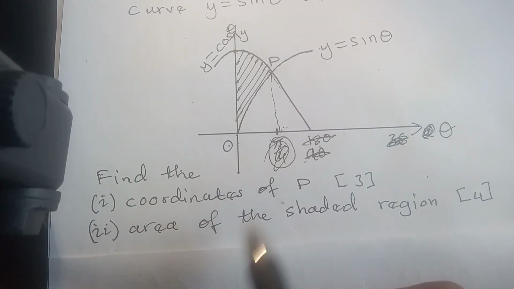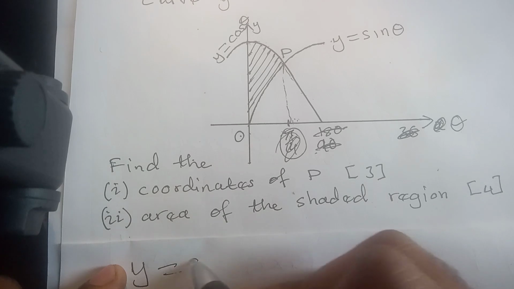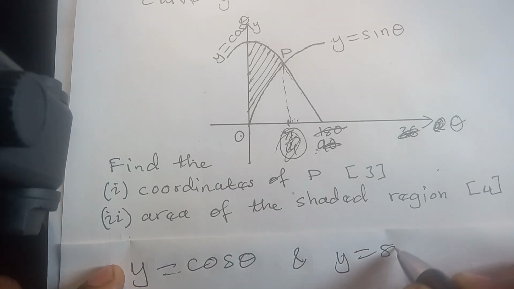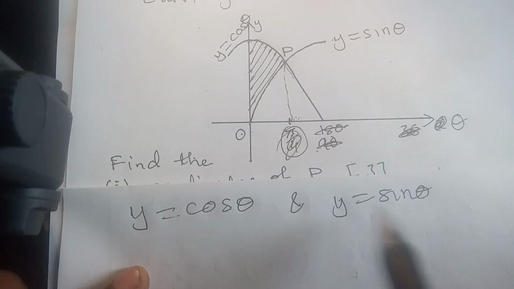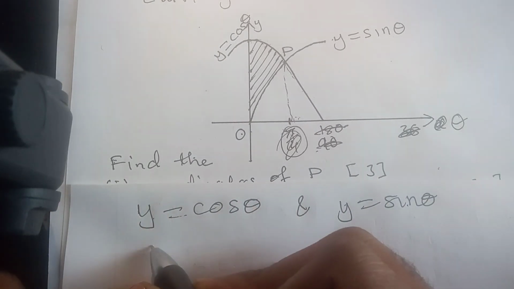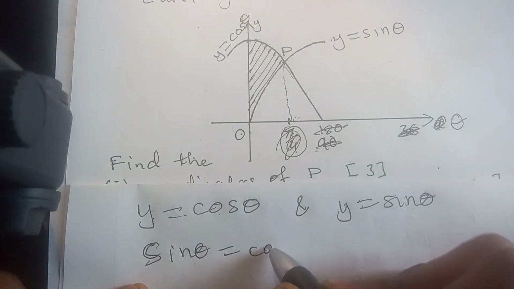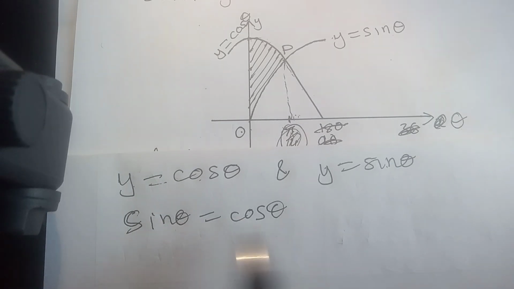So to do that, we can just solve y is equal to cos theta and y is equal to sine theta simultaneously. So I can just substitute this one in here and say sine theta is equal to cos theta. But as you can see, these two are unlike terms.